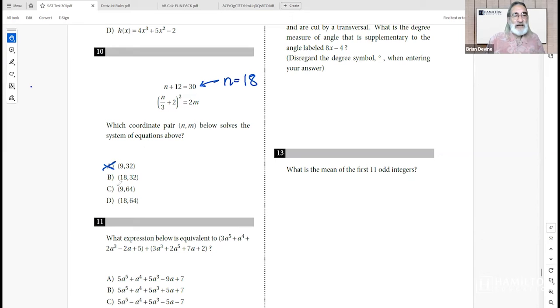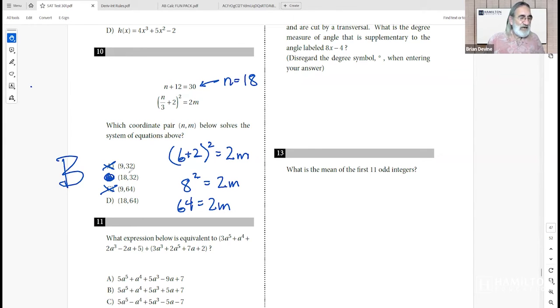So it's not going to be A and it's not going to be C. And if N is 18, well, I can stick that into the second one, and 18 over 3 is 6. So 6 plus 2 squared has to equal 2 times M. So 8 squared has to equal 2 times M. So 64 equals 2M, then M has got to be 32. And B is the correct answer.